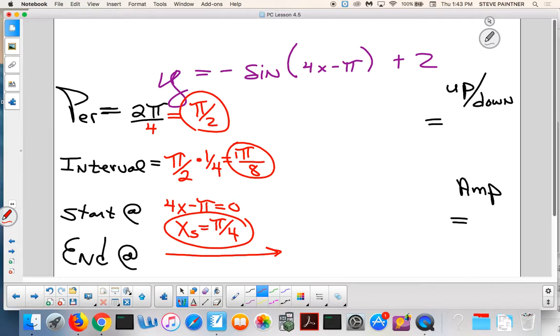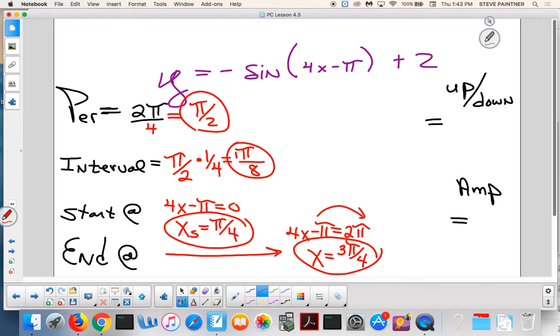Well, 4x minus pi, set it equal to 2 pi. Move this over, you get 3 pi. Divide by 4, you get 3 pi over 4. All right. So I know I started at 1/4 pi and I end at 3/4 pi.